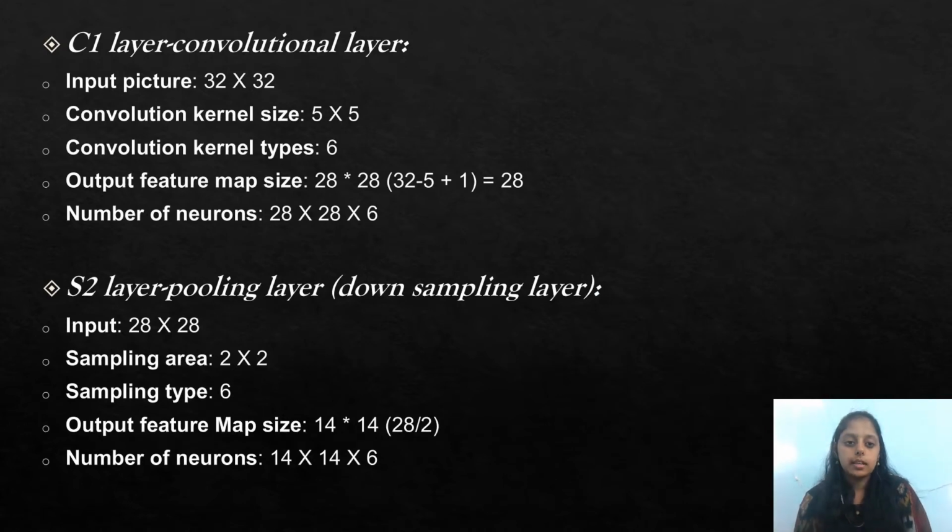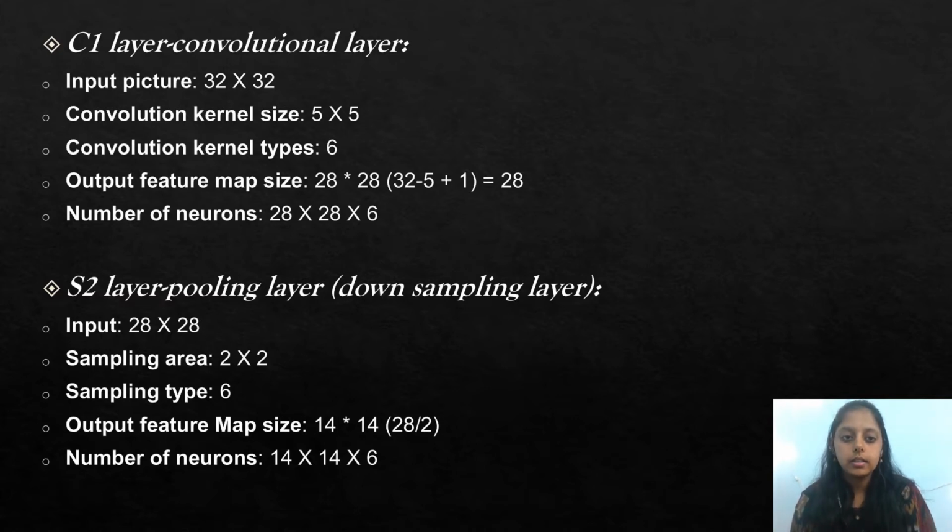Coming to the first layer, the input picture is taken of size 32 by 32. The convolution kernel size is 5 by 5. Kernel is nothing but the filters applied, and the number of filters applied is 6. You may be wondering, what is this feature map? Feature map is nothing but the output of that convolution layer. Then what is this 32 minus 5 plus 1? It is a formula to calculate the output size.